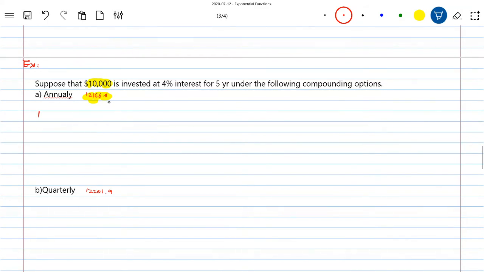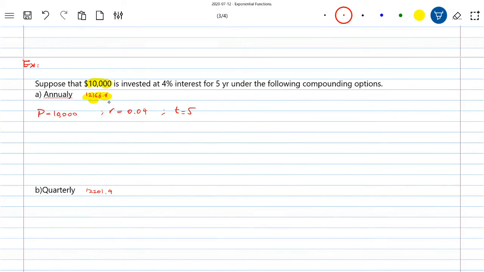I can say P equals $10,000 investment. Interest rate 4%. 4% is R. Don't write it as 4%, write it as 0.04. 4 divided by 100 is 0.04. And for 5 years. So T is given 5.